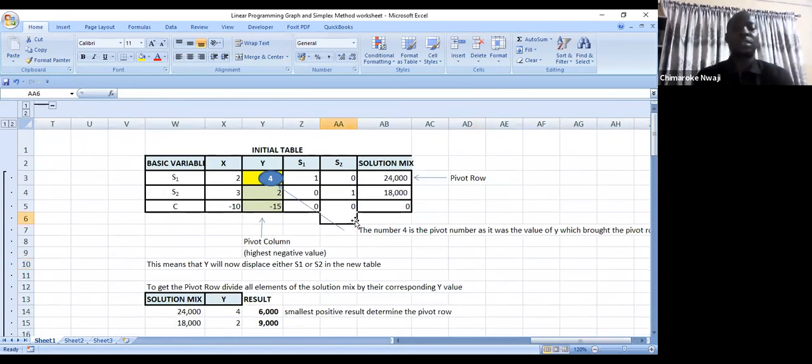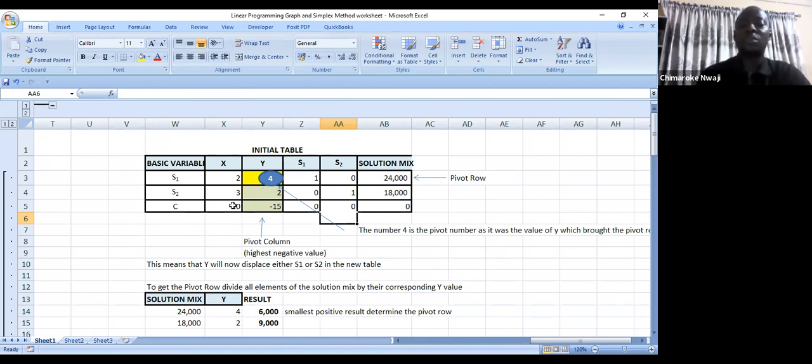Look at this initial table. Your basic variable is here. We have basic variable, we have x, we have y, we have s1 and s2. Now, at the point of the initial table, all those things we formulated in the model, that's 2x plus 4y plus 1s1 plus 0s2 equals 24,000, is what is being laid down here in the table.